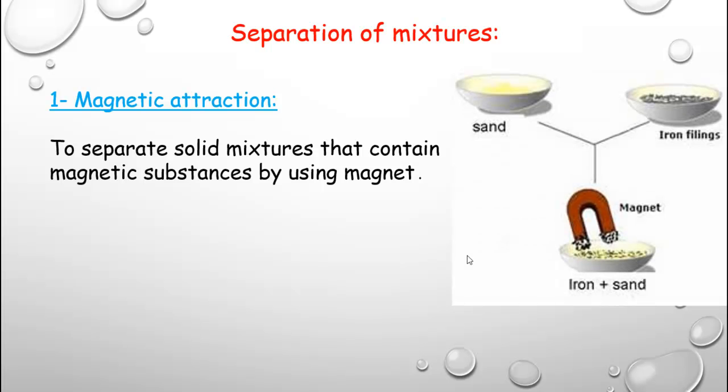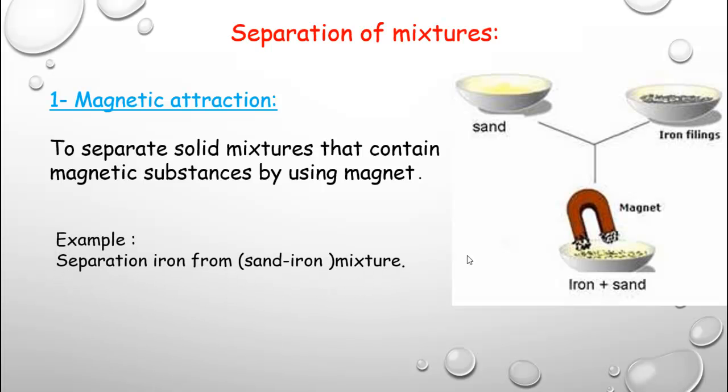Look at this photo. If I bring some sand and iron filings, the powder of iron, and mix them together to make a solid mixture, by using the magnet I can separate the iron filings from the sand. Example: separation of iron from a sand-iron mixture, as you see in the photo.